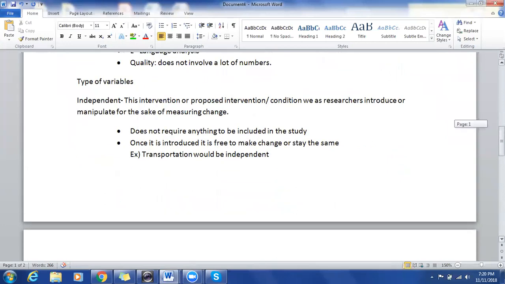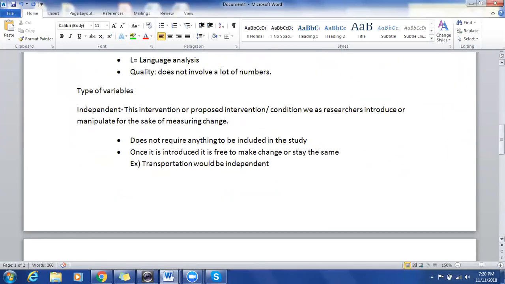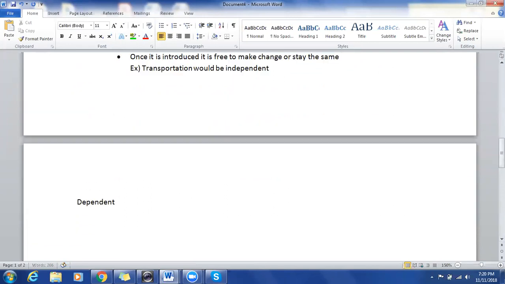And then the dependent variable is the result of the introduction of the independent variable.